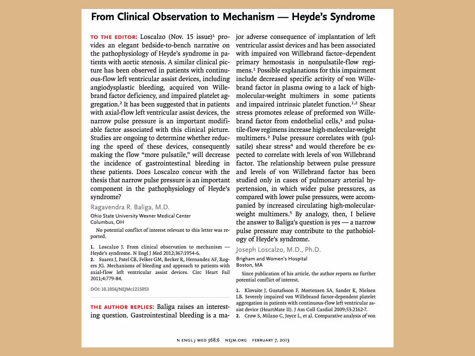A similar clinical picture has been observed in patients with continuous flow LVADs, including the angiodysplastic bleeding, the acquired von Willebrand factor deficiency, and impaired platelet aggregation. It has been suggested that in LVAD patients with axial flow devices, the narrow pulse pressure is an important modifiable factor associated with the clinical picture.